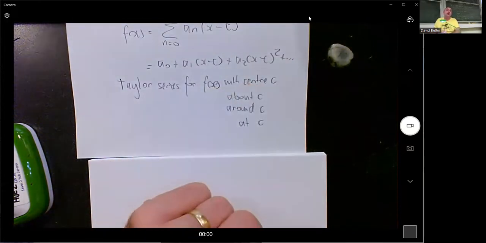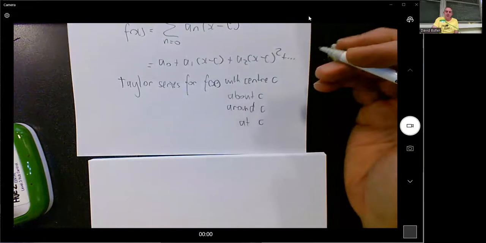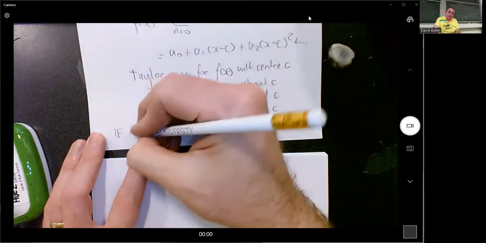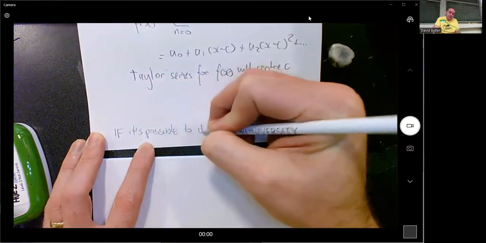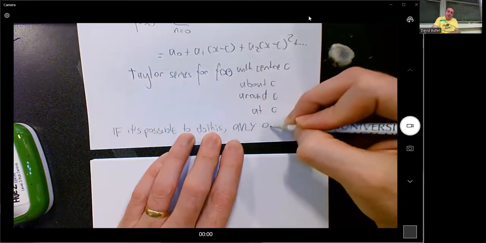So sometimes there are functions that you can't write using c equals 0, for example, mainly because they don't exist when c is 0. But if they can be written this way, then there's only one way.